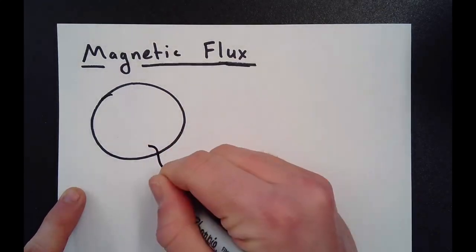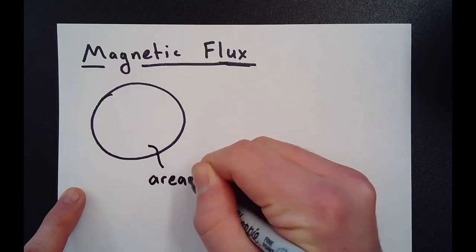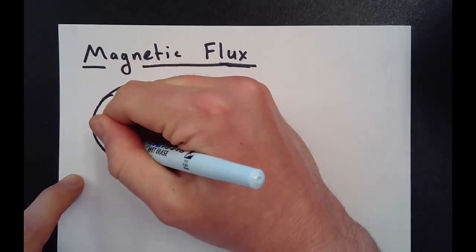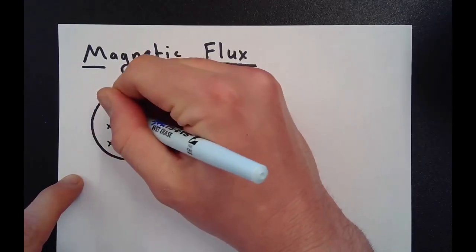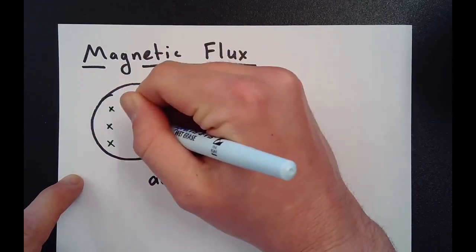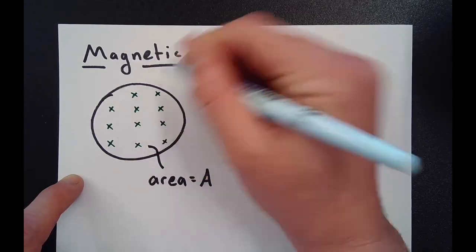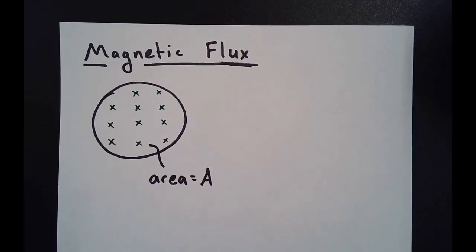This shape has area equal to capital A. And let's draw a magnetic field inside of that loop.